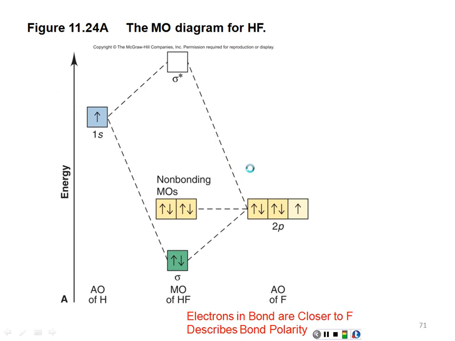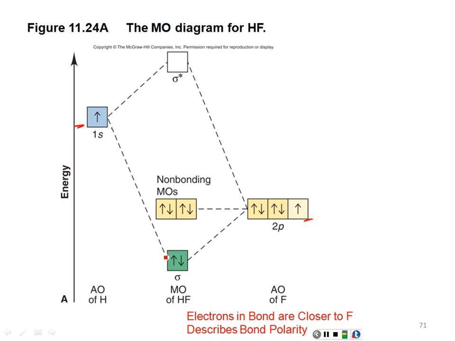If we look at another heteroatomic molecule, HF, you see the difference in the atomic orbitals. Fluorine is so electronegative that its atomic orbitals are much, much lower in energy. Here we see the 2p orbitals, and for hydrogen, the 1s orbital is way up here. So we get an interaction of 2p fluorine atomic orbitals and the 1s atomic orbital from hydrogen.